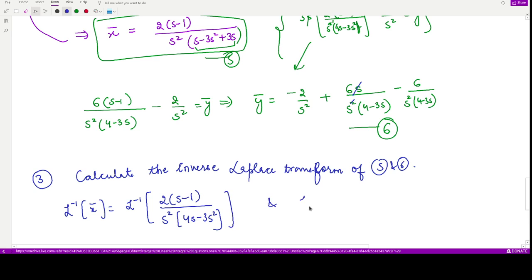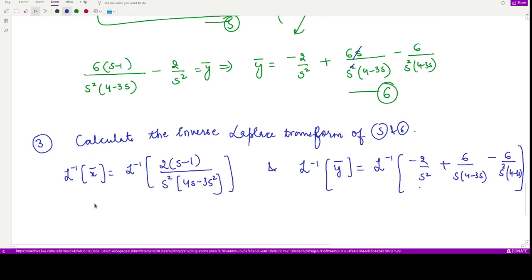And when you take the Laplace inverse of y bar, that would be equal to Laplace inverse of the term minus 2 by s square plus 6 by s(4 minus 3s), and then this is equal to minus 6 divided by s square (4 minus 3s).